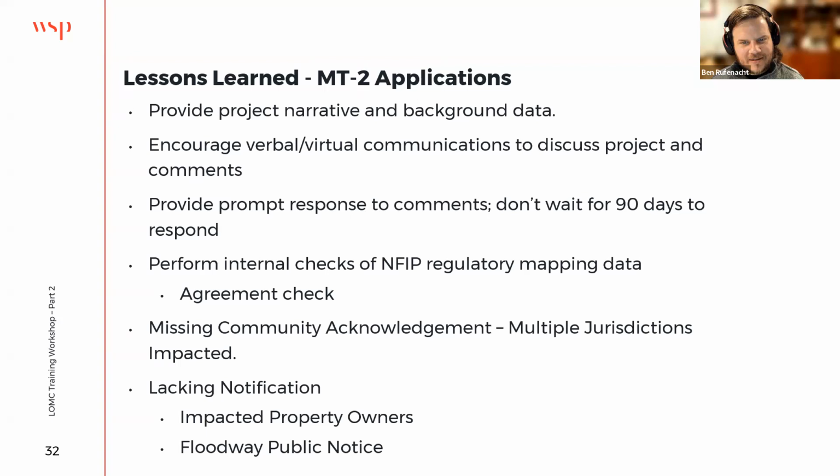Provide prompt responses to comments. Of course, the faster you respond to your comments, the faster the process will go. Even though you have 90 days, you don't need to take the 90 days. Everything you do quicker will shorten up the total process.